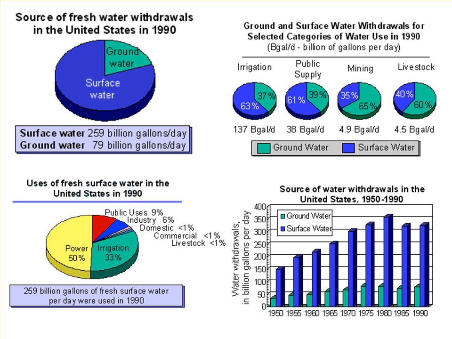So if we look at how groundwater is being used, it was at about 25 billion gallons per day in 1950, and it peaked in 1975 around 75 billion gallons per day, and it stayed right around that level.